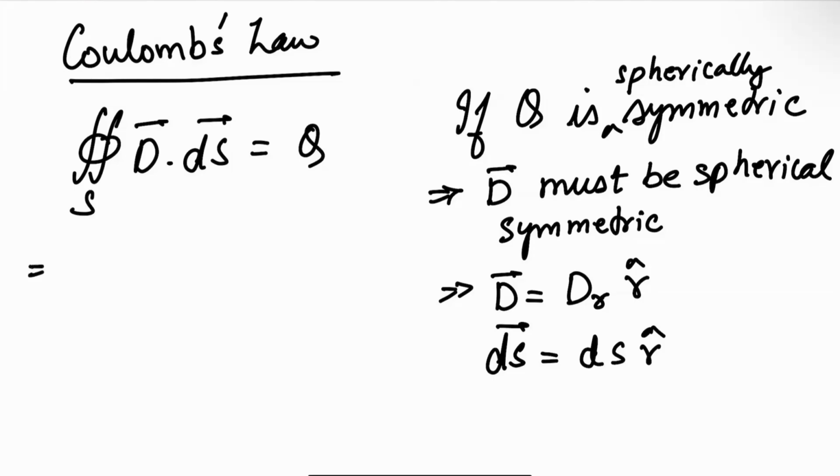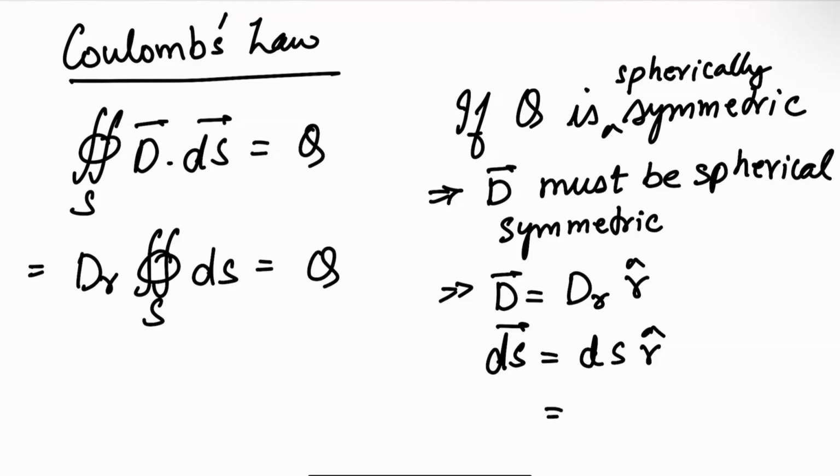So this becomes nothing but D_r times the surface integral of dS. r hat dot r hat is just 1, so they go away, and that's equal to Q. In the prerequisite video, we said that dS, the coefficient of r hat, is r squared sine theta d theta d phi. So we substitute this.